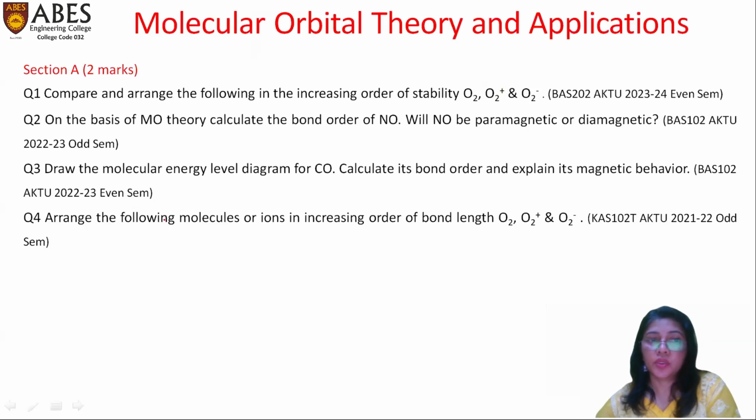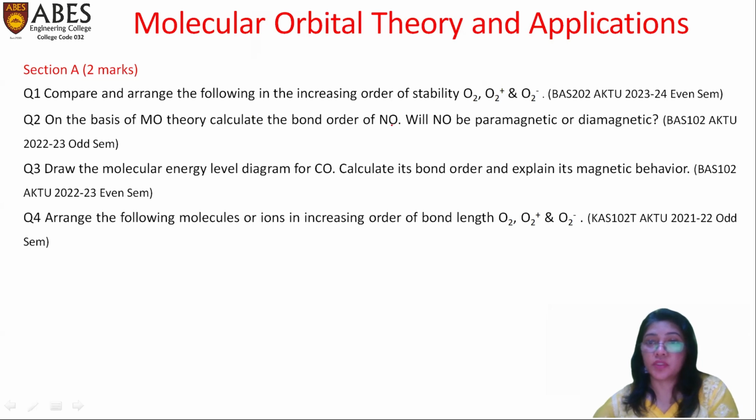Now in AKTU, the question paper pattern has three sections: section A, section B, and section C. Section A is of 2 marks and sections B and C are of 7 marks. I have taken the questions from various years and odd and even semesters.